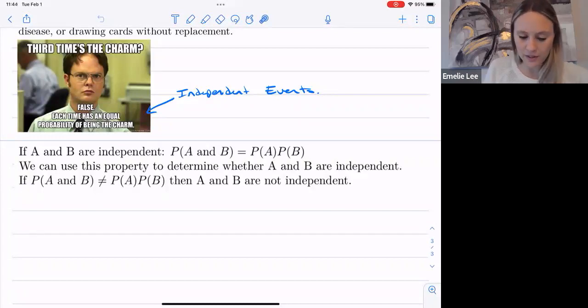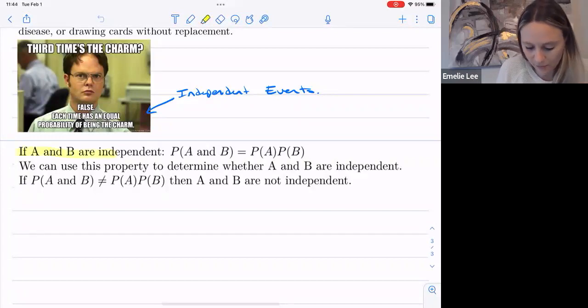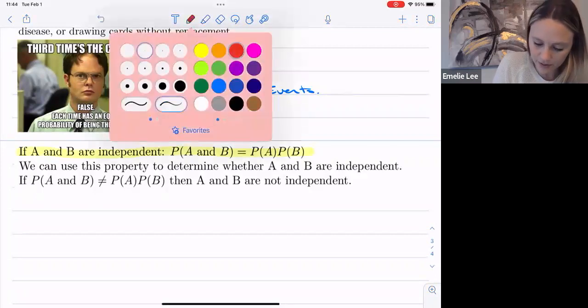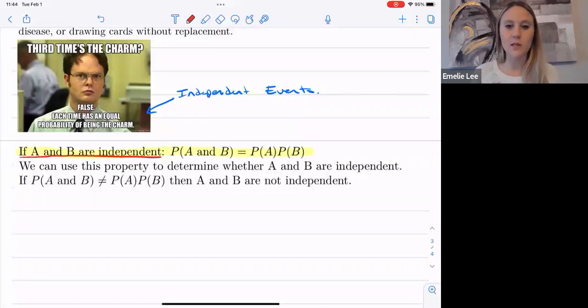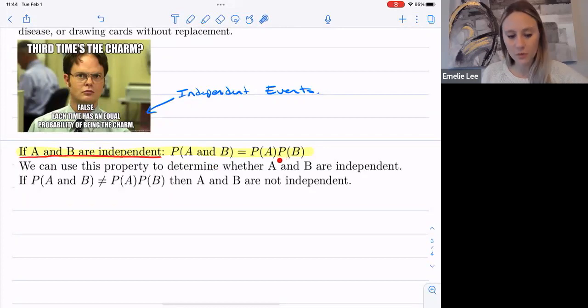Okay, so the check here is, if A and B are independent, and it's really important that we think about that, then the probability of A and B happening together has to be the probability of A times the probability of B. Okay. So we can use this property to determine whether A and B are independent, right?